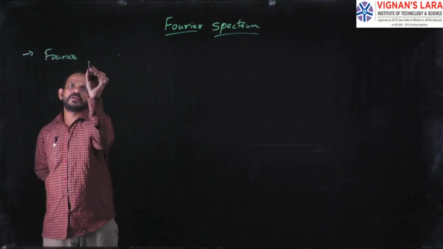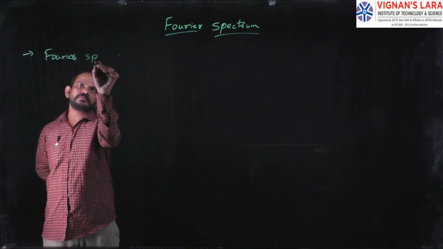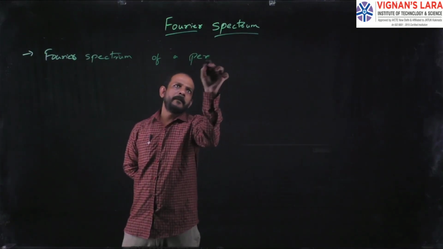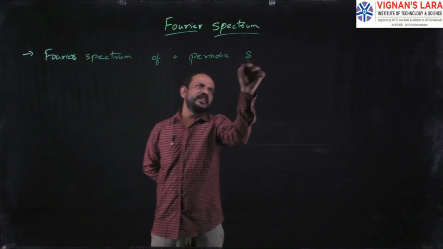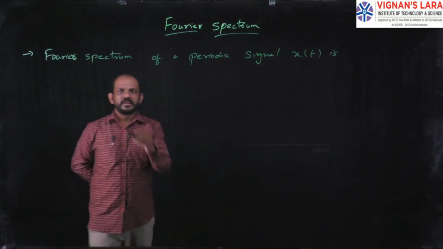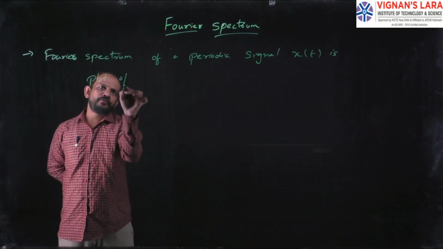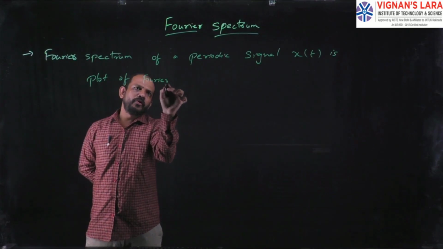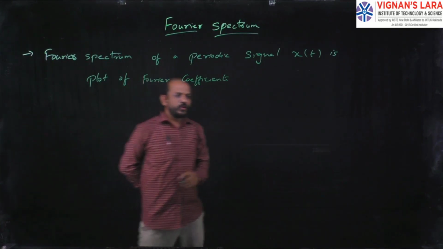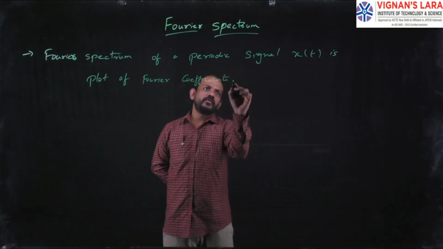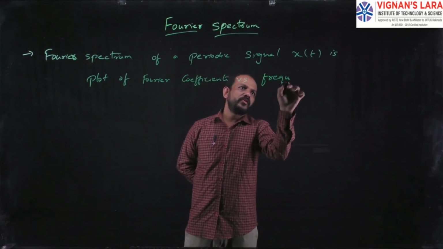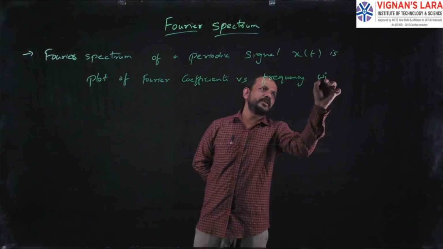So the first point: the Fourier spectrum of a periodic signal x of t is nothing but the plot of Fourier coefficients versus frequency, that is omega here.